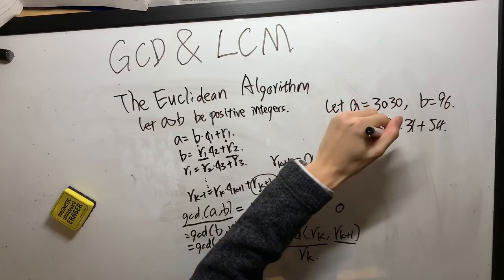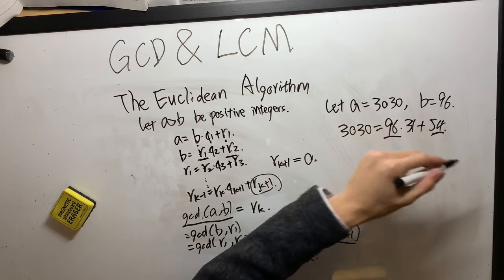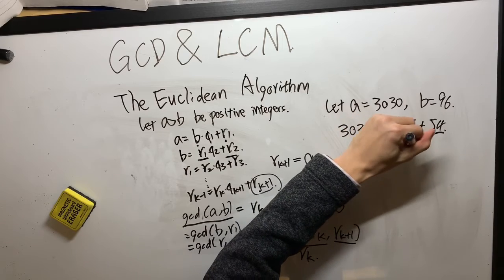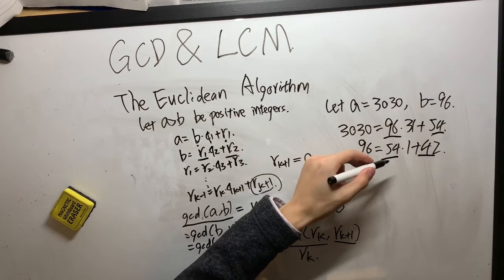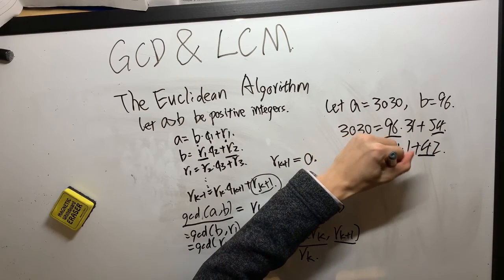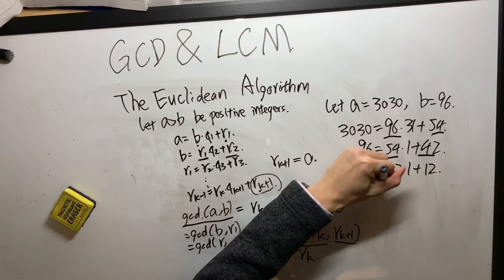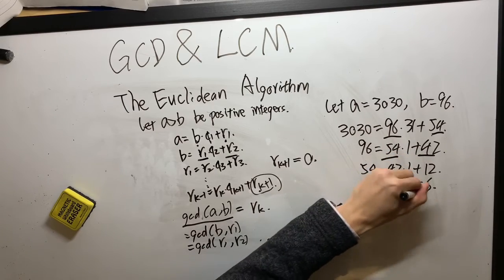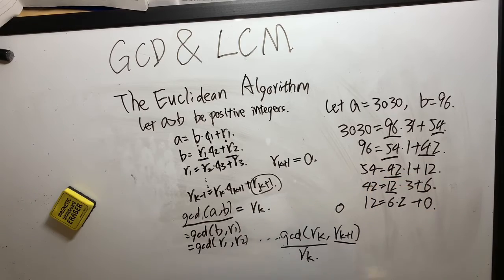Then we take 96 and 54 and keep doing it. 96 equals 54 times 1 plus 42, and let's take 54 and 42. 54 equals 42 times 1 plus 12, and 42 equals 12 times 3 plus 6, and 12 equals 6 times 3 plus 0.